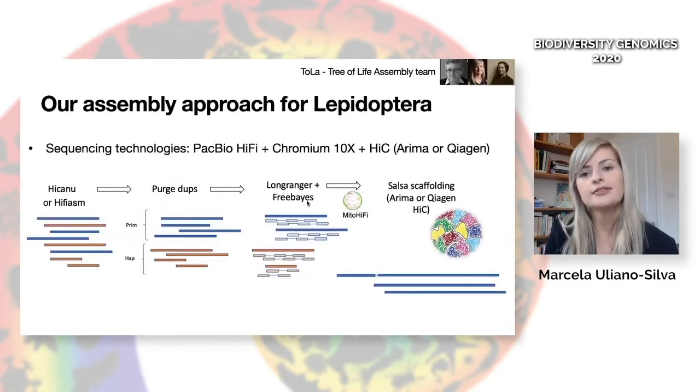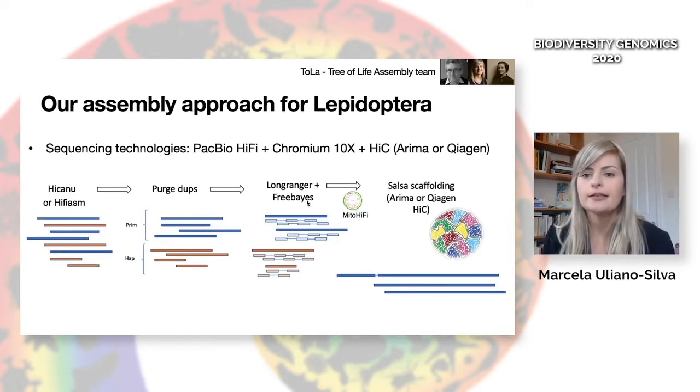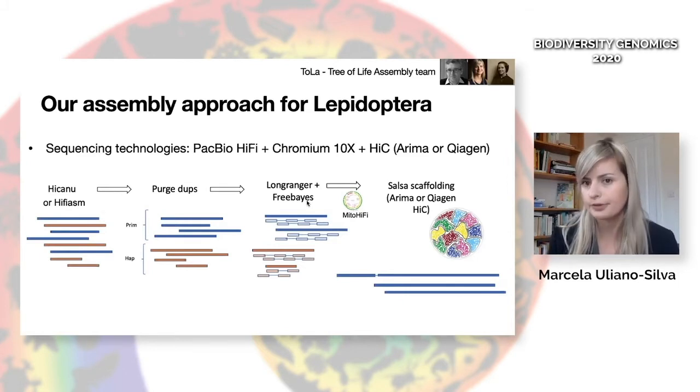So I work in the Tree of Life assembly team, and I will be talking from the perspective of the assembly. Our team has actively been testing the latest sequencing technologies and pipelines to yield the best pipeline possible for the different taxa that we are going to be sequencing. And I will show you our approach for the Lepidoptera at the moment, the moths and butterflies.